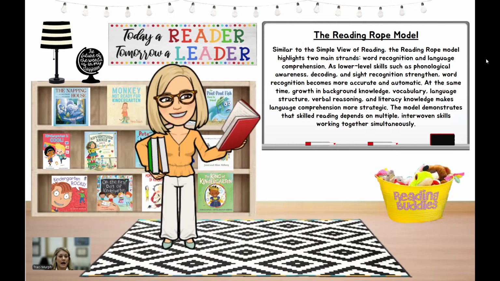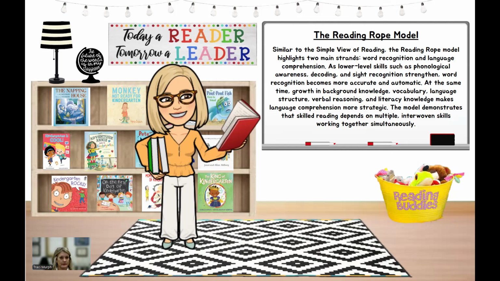So the next one, which was similar to the simple view of reading, was called the reading rope model. The reading rope model highlighted two main strands of learning to read: word recognition and language comprehension, same as SVR. As the lower-level skills, such as phonological awareness, decoding, and sight recognition, strengthen, word recognition becomes more automatic and accurate.